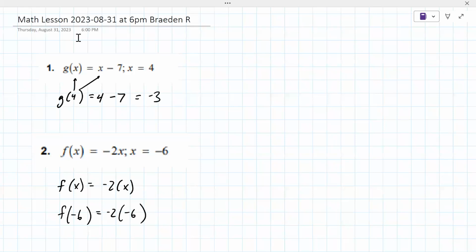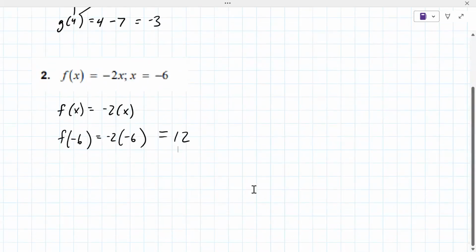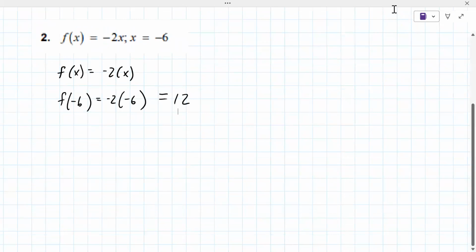Okay. 3 is k of 12 equals -3 fourths times 12. So k of 12 is equal to, so that's -36 over 4. It's -9.